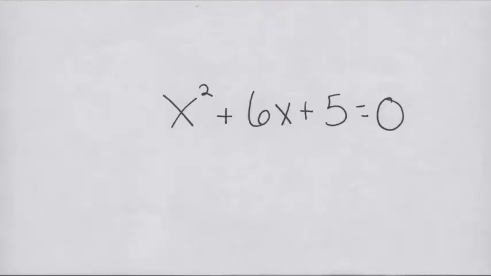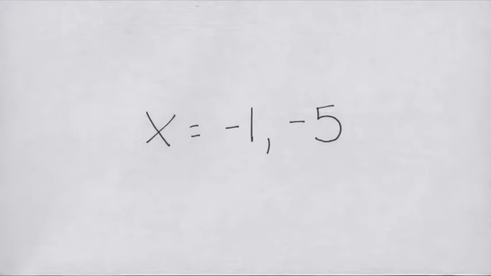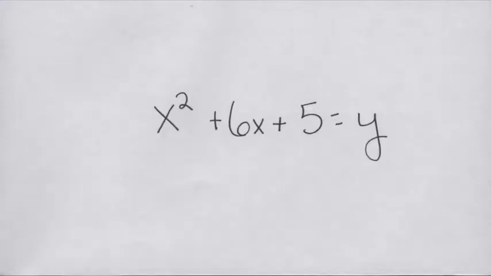So right here at y equals 0. Our roots for this particular function are -1 and -5. And we're gonna find a new cool way to figure out what our roots are without having a graph.